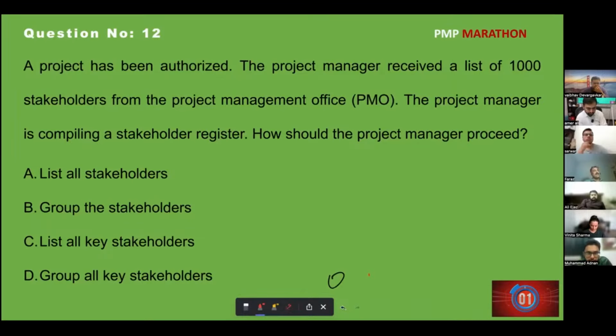Group all key stakeholders I think is the better one, because all key stakeholders he needs to register in the stakeholder register, but he also needs to prioritize and group. Group the stakeholders. B is my answer.